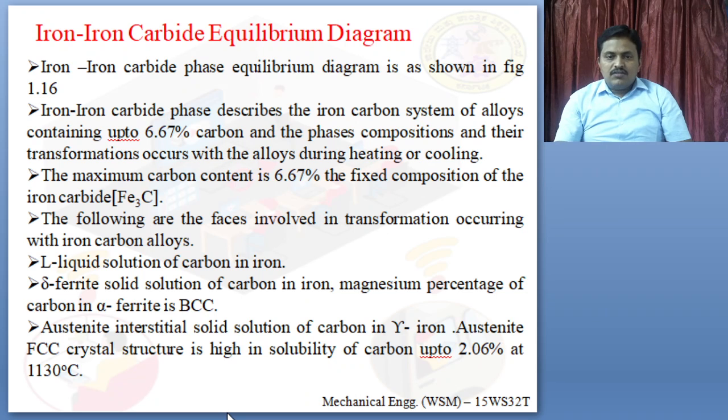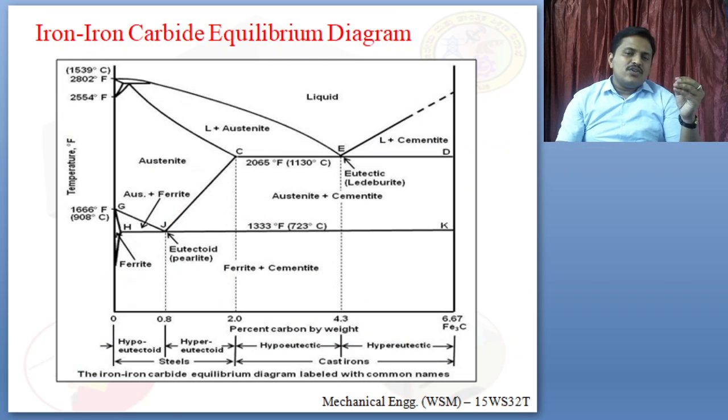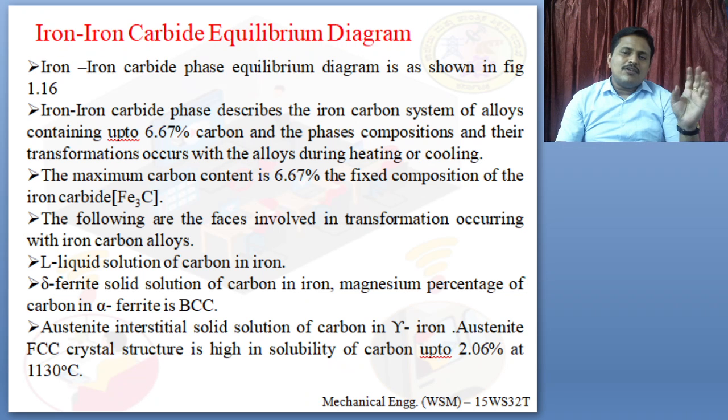Let us see what this is. The iron carbon phase diagram is shown in this sketch. You can see the iron carbide equilibrium diagram. The iron carbide phase diagram describes the iron carbon system, which contains up to 6.67 percent of carbon, as I explained.